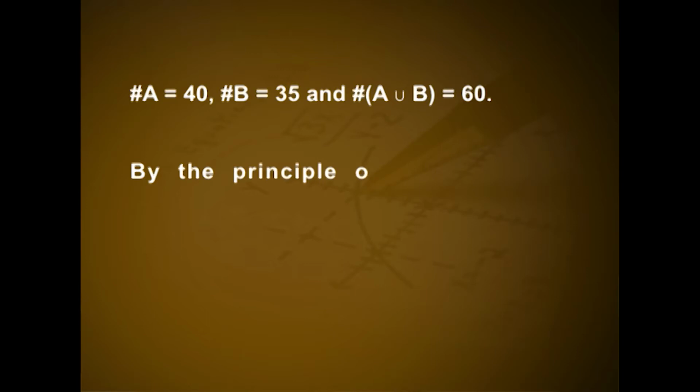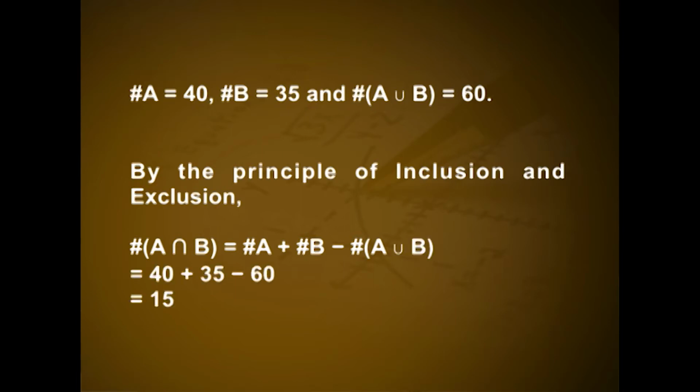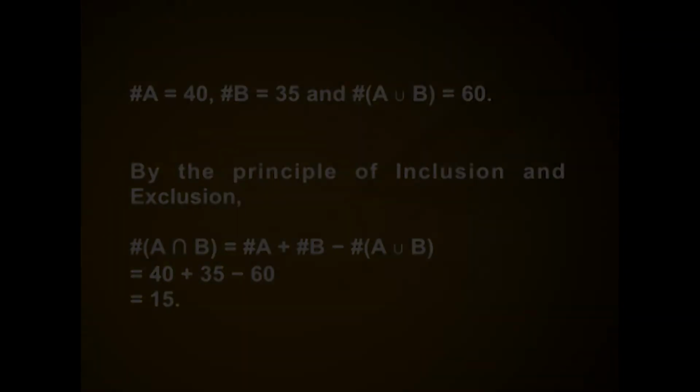By the principle of inclusion and exclusion, #(A intersection B) equals #A plus #B minus #(A union B) equals 40 plus 35 minus 60 equals 15.